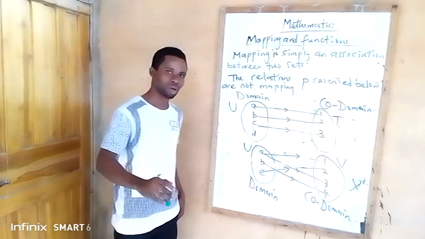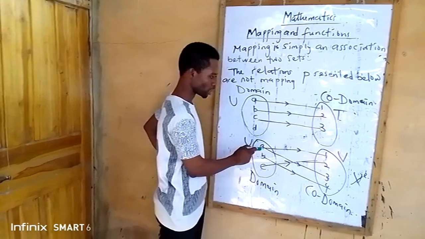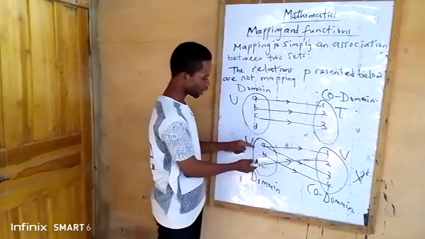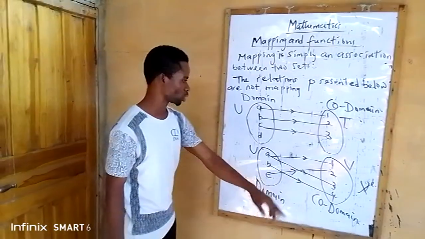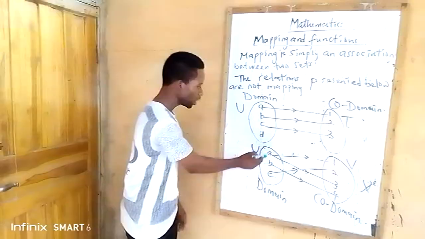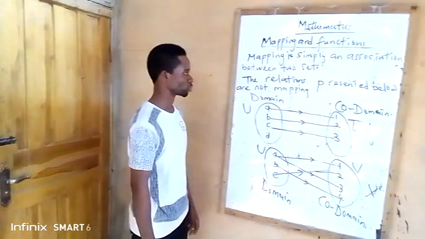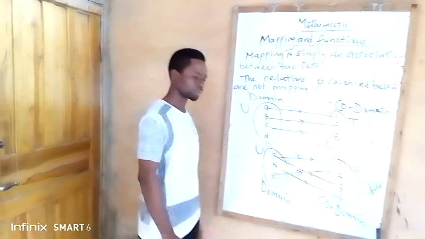It is allowed. But it is not allowed for one element in the domain to have 2 in codomain. No, it's not allowed. But it is allowed for two elements to go for 1. So this diagram is not a mapping and function diagram because A pairs with 1 and 3. These two relations are not mapping and function diagrams.